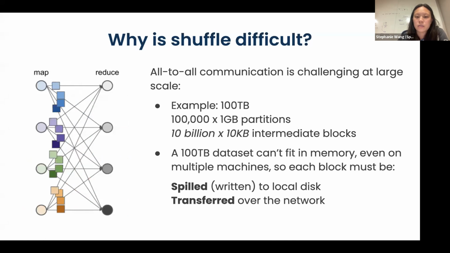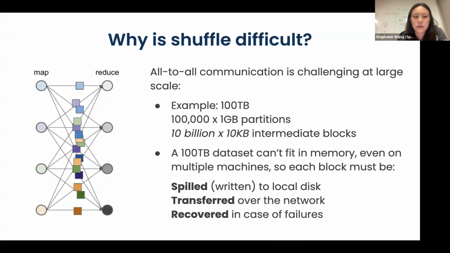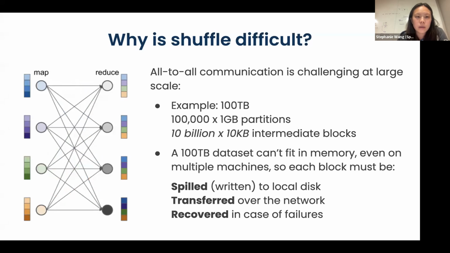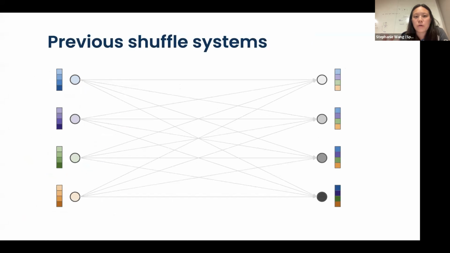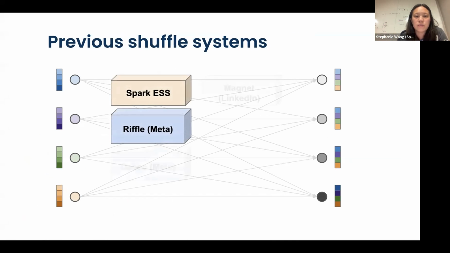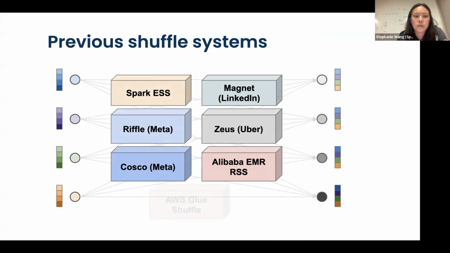And then finally, it has to be recovered in case there's a node failure and we lose the block. So because this problem is so challenging, people have built a lot of systems designed specifically for shuffling large amounts of data. And that includes systems like Hadoop and Spark. So these systems will handle all of those problems of managing and recovering these intermediate blocks.